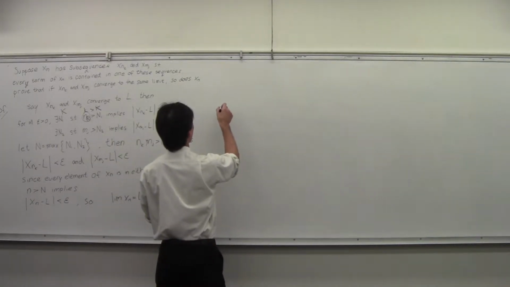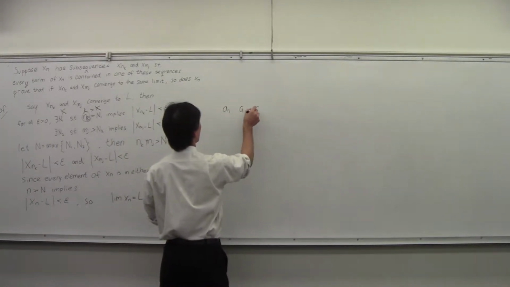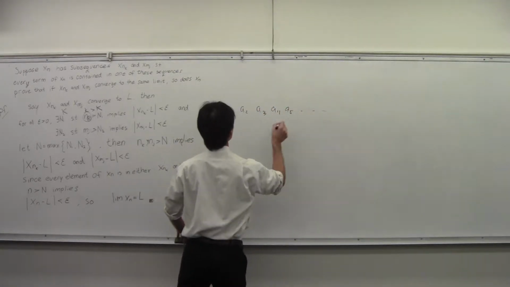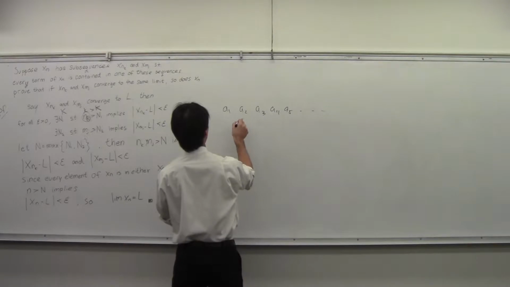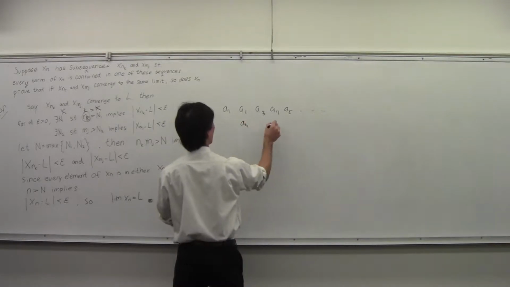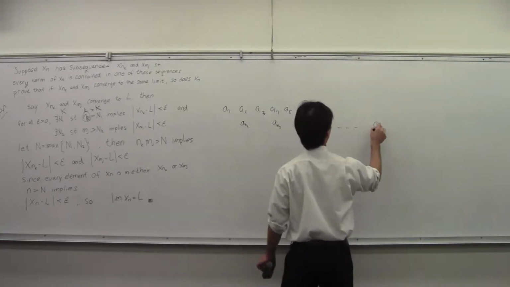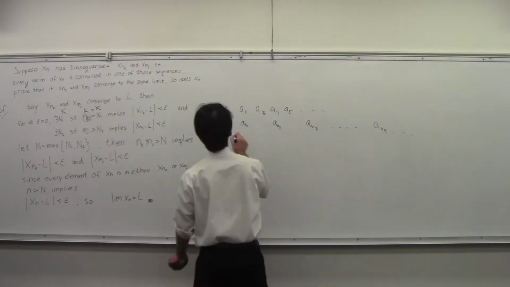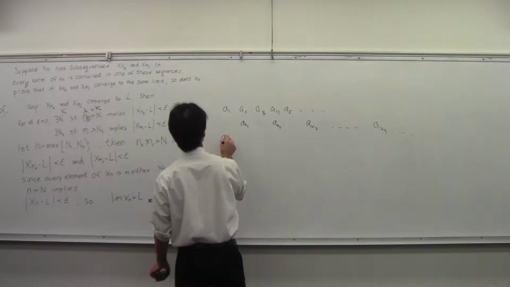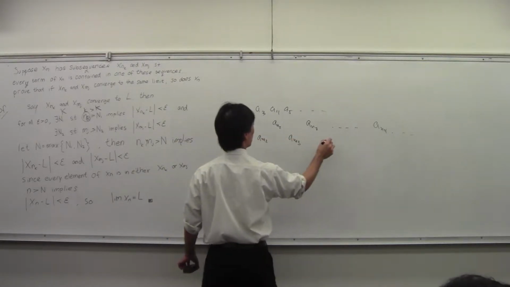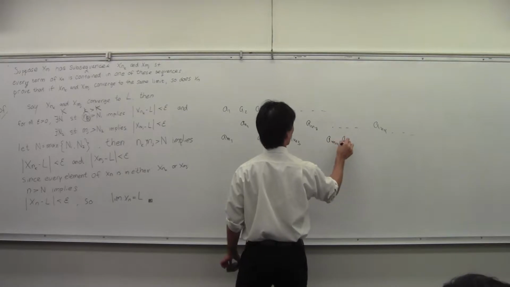So you've got your sequence A1, A2, A3, A4, A5, blah, blah, blah, right? You've got your this is AN1, say AN2, right? There's an AN3 somewhere, AN4, blah, blah. The other guys are the AM1, AM2, AM3, AM4, AM5.